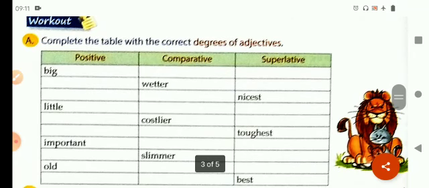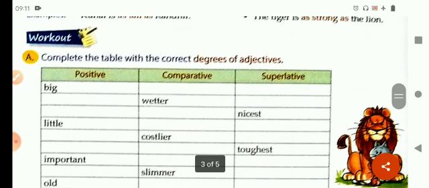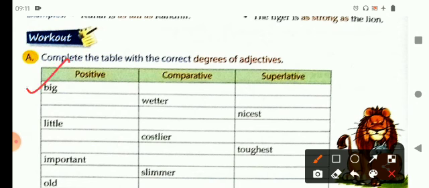Now let's do an exercise that is based on the degrees of comparison. The first one is you have to complete the table with the correct degrees of the adjective. Now the first one, big, by adding er and doubling the consonant. Just now we have read the rule.